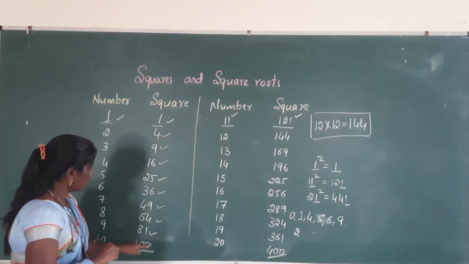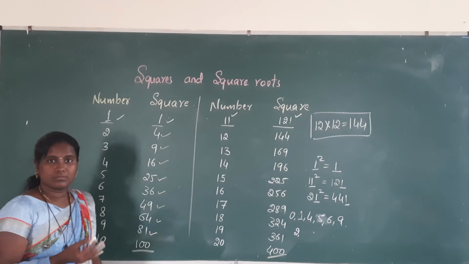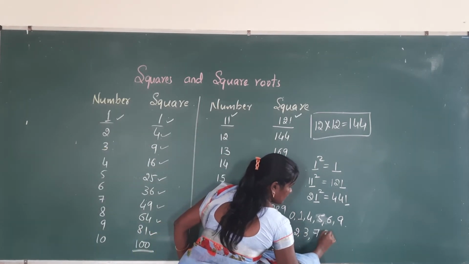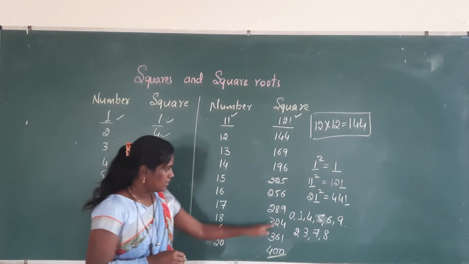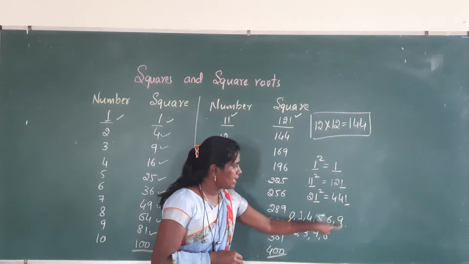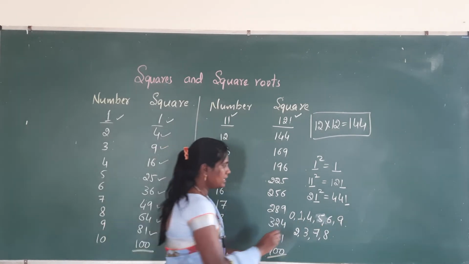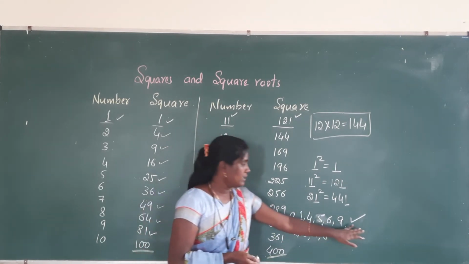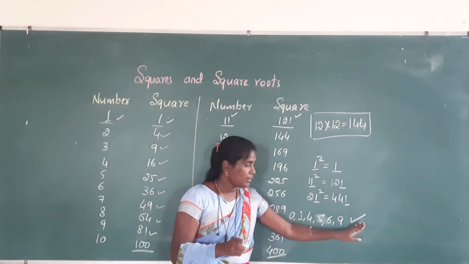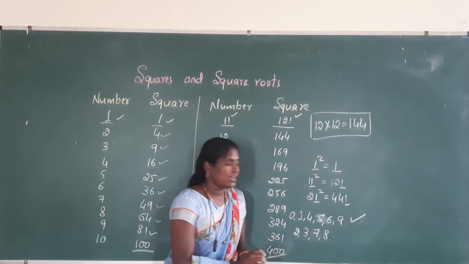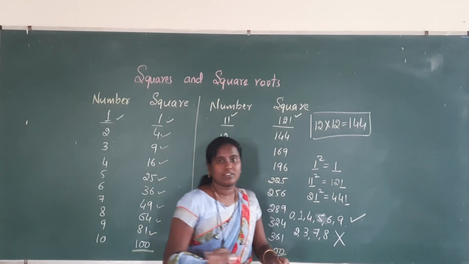Is there any square of a number ending with 2? No. 3, then 7, then 8 are also not there. So the numbers which end with 0, 1, 4, 5, 6, 9 may be perfect squares, but the numbers which end with 2, 3, 7, 8 are not at all perfect squares.